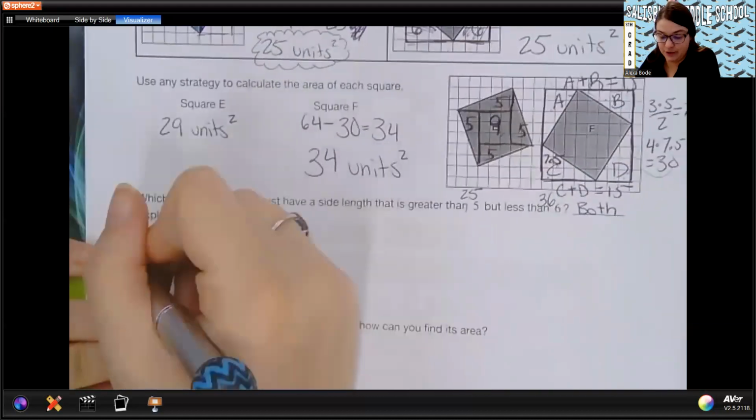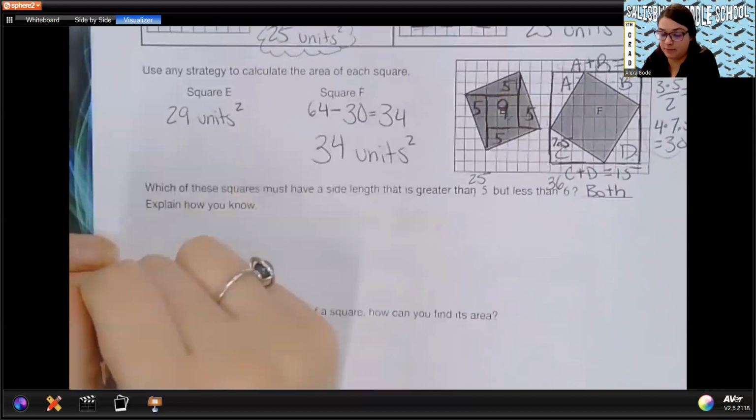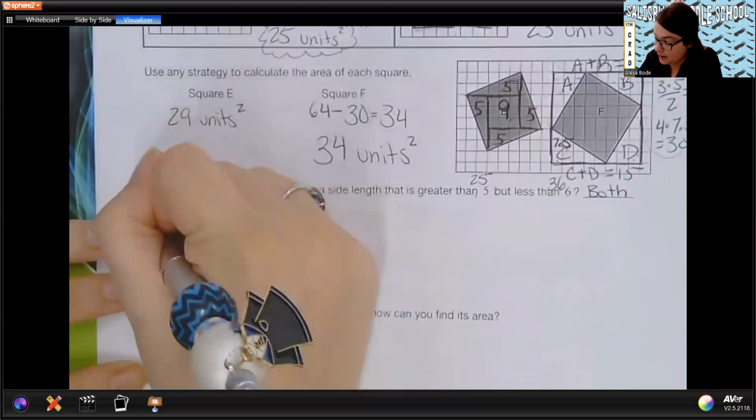And then they explain how you know. This is where we have a little bit of writing, guys. I know you don't like all the writing, but we're almost done.